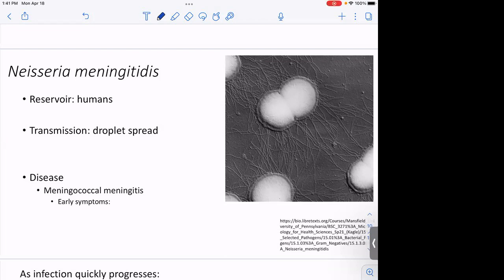Like Neisseria gonorrhoeae, this is a human infection, so we're just passing it around between humans. In fact, for Neisseria meningitidis, about 10 to 40% of us are considered carriers, usually in the upper respiratory tract.